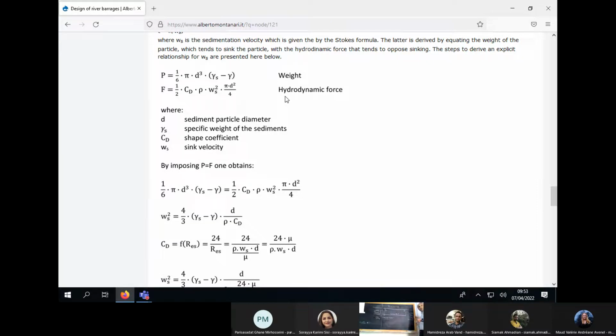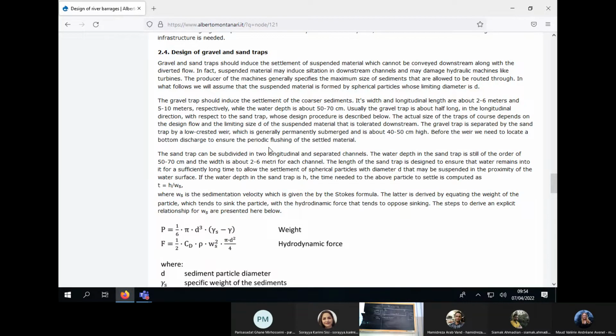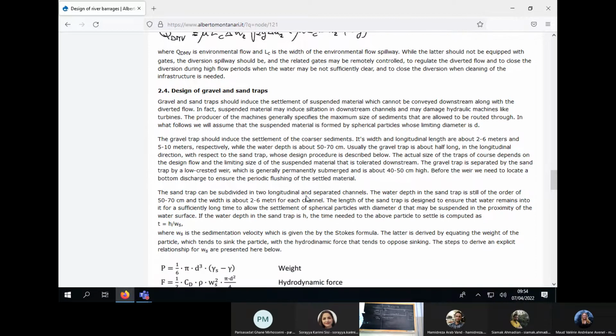Of course, I want the velocity to be reduced, because if I have a high velocity, then the sedimentation is problematic. It takes longer. So I want to keep the velocity reduced. I don't remember the order of magnitude. Let me see what I gave here. I think it is 0.05 meters per second.